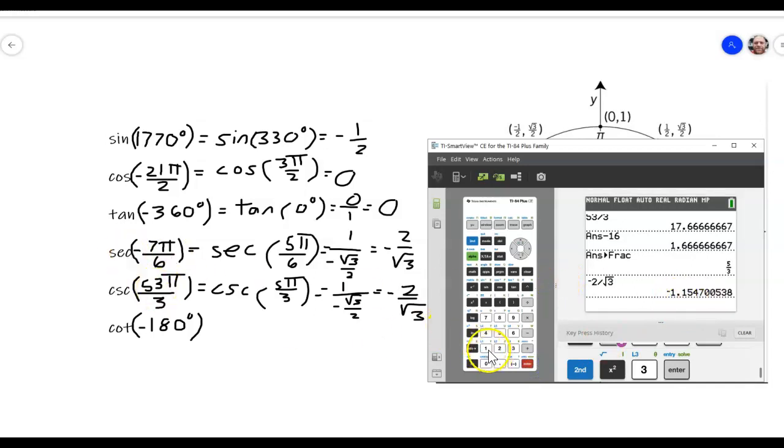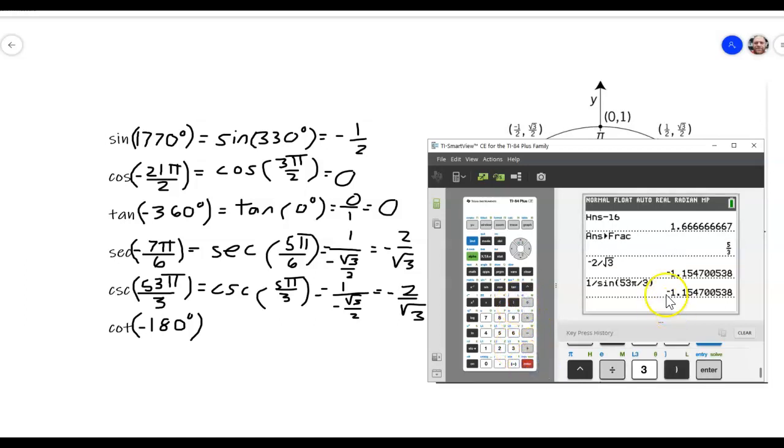Then I'm going to do 1 divided by the sine using the reciprocal property of cosecant. So 1 over the sine of 53 pi divided by 3. And bada boom, bada bing. So verified that answer there as well.